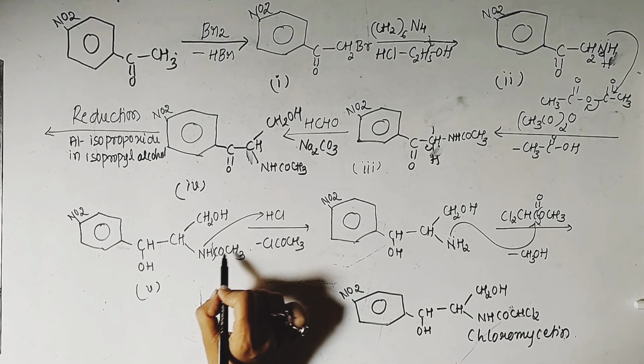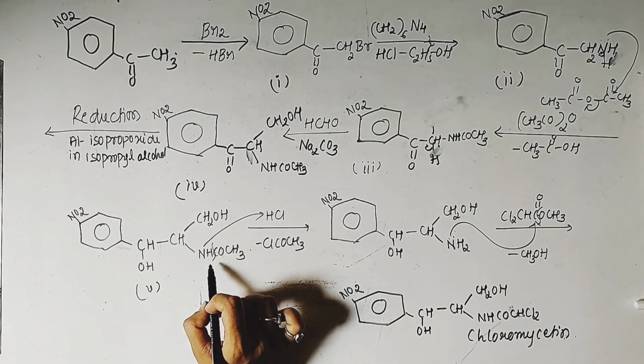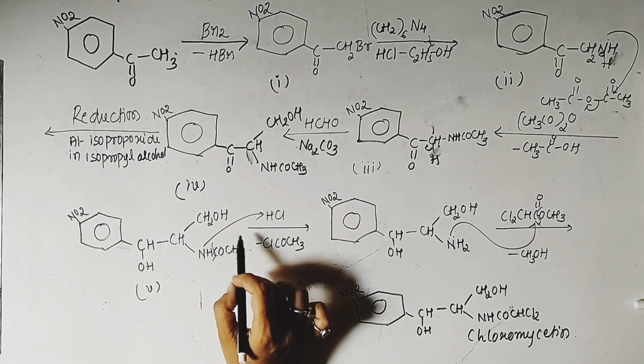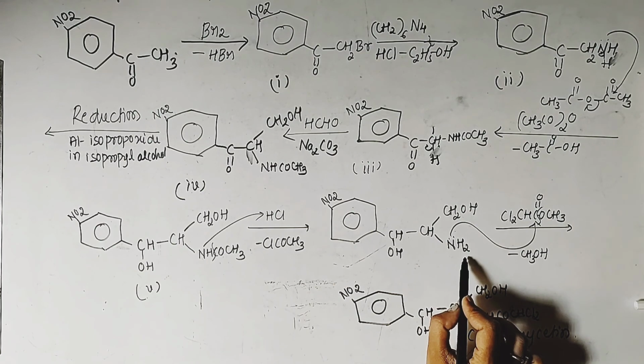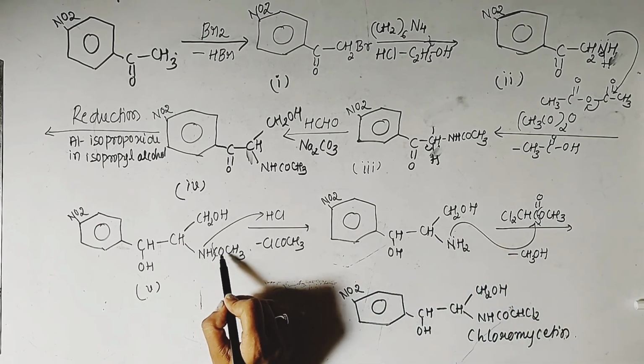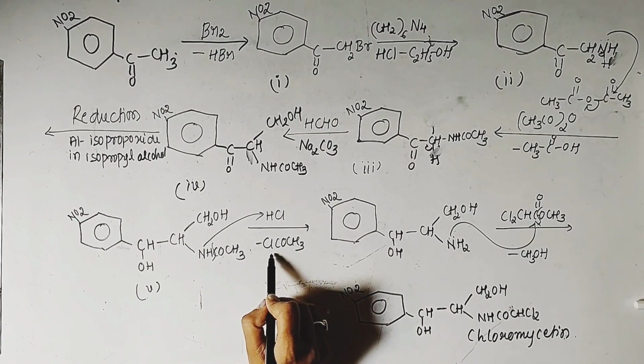And now in this acid amide we require the chloro group, but we can't directly add the chloro group. So first we do the hydrolysis, and we have introduced here the amino group. So during hydrolysis the bond between nitrogen and carbon gets broken.